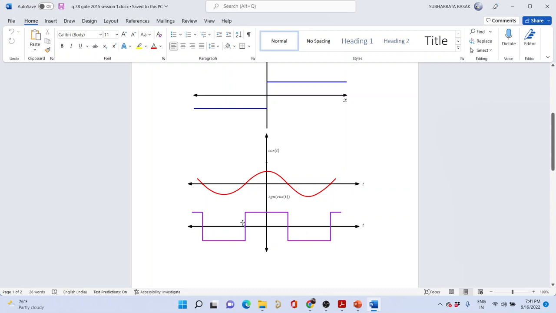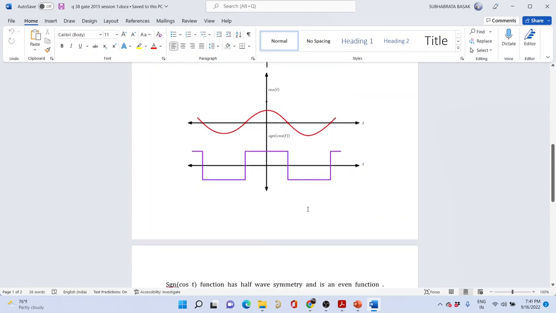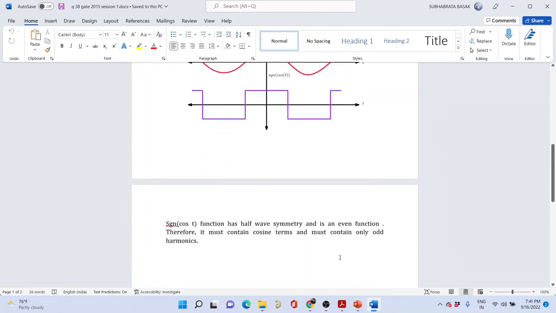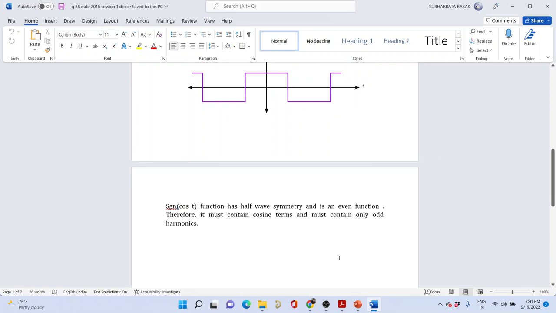In this case, it is perfectly half-wave symmetric, and hence odd harmonics will exist, and it is an even function, so cosine terms will exist. So the answer is D.